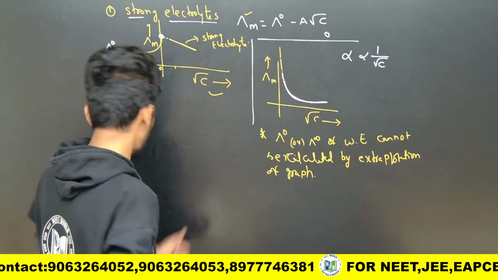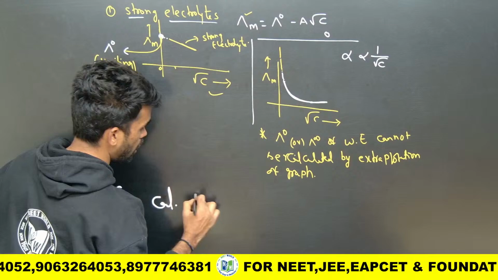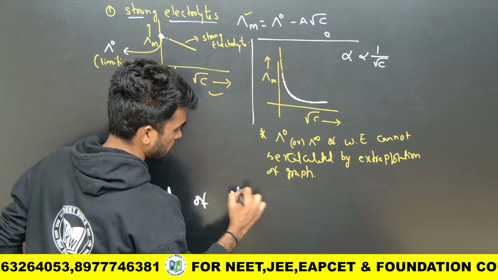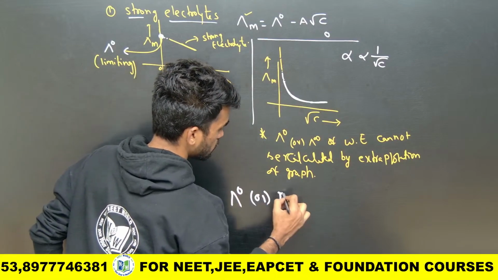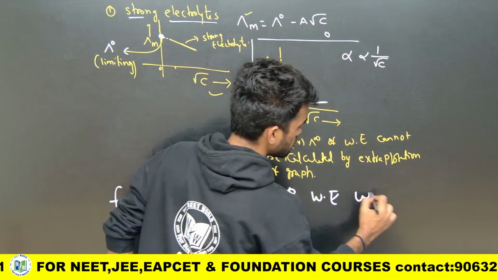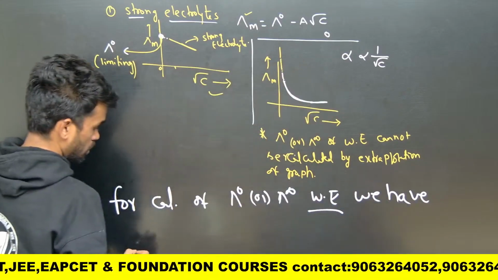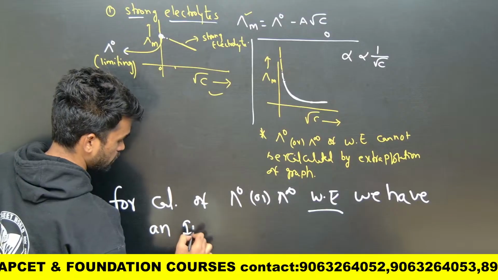So for calculating the limiting molar conductivity of weak electrolytes, we have an indirect method. Which method?